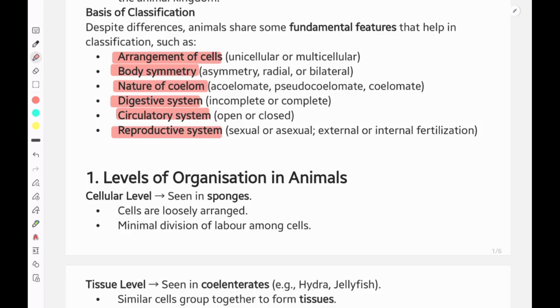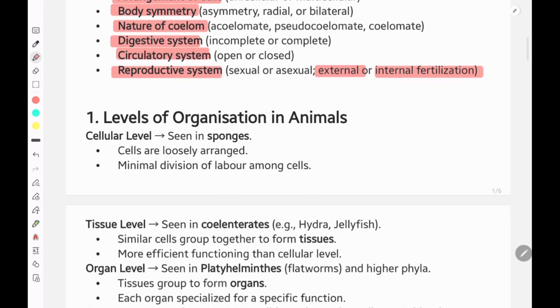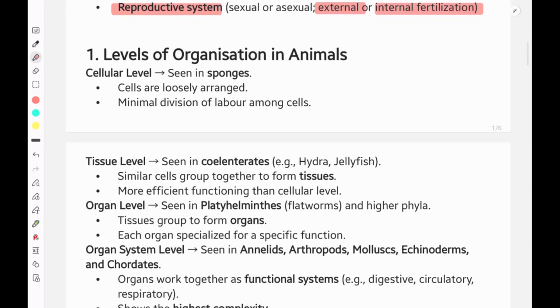If they reproduce sexually, then internal or external fertilization, and if it is internal fertilization, how they produce the offspring, by the oviparous or viviparous method.